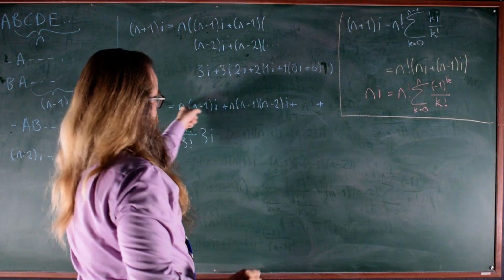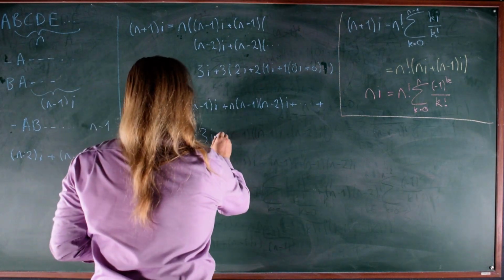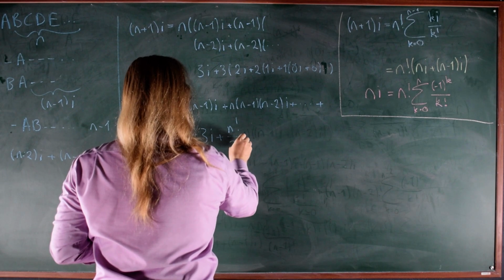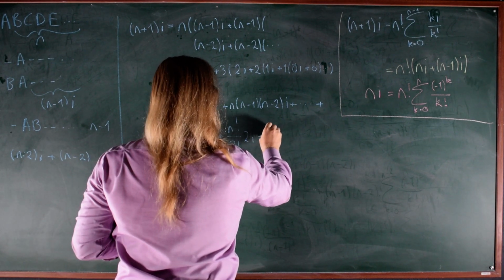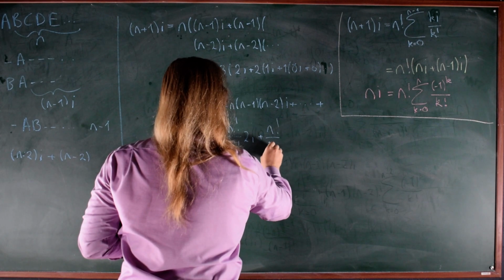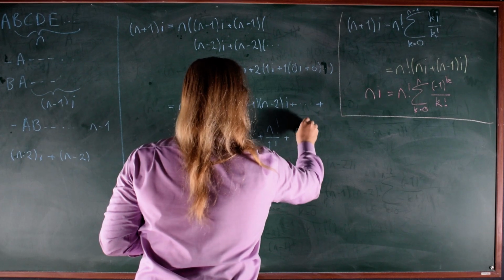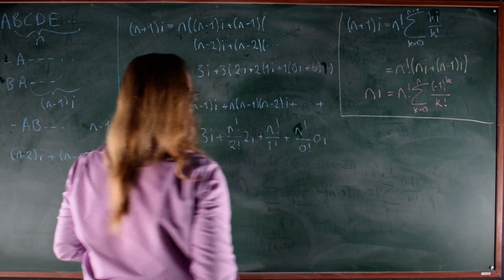You can see that by this pattern. You can pause it if it's not obvious. And then I get n factorial over 2 factorial, 2 subfactorial plus n, boom. N factorial, 0 factorial, 0 subfactorial.